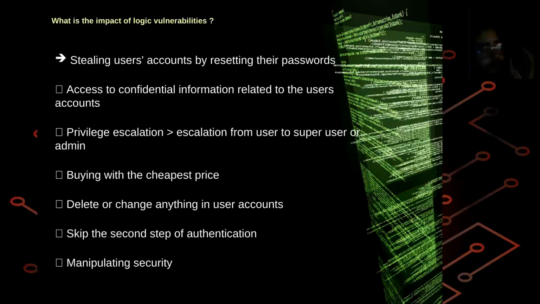Also privilege escalation, which is to escalate from user to a super user or admin, buying a lot of things at the cheapest price, and deleting or changing anything in a user account. Skipping the authentication, skipping the second step of authentication, and also manipulating security.